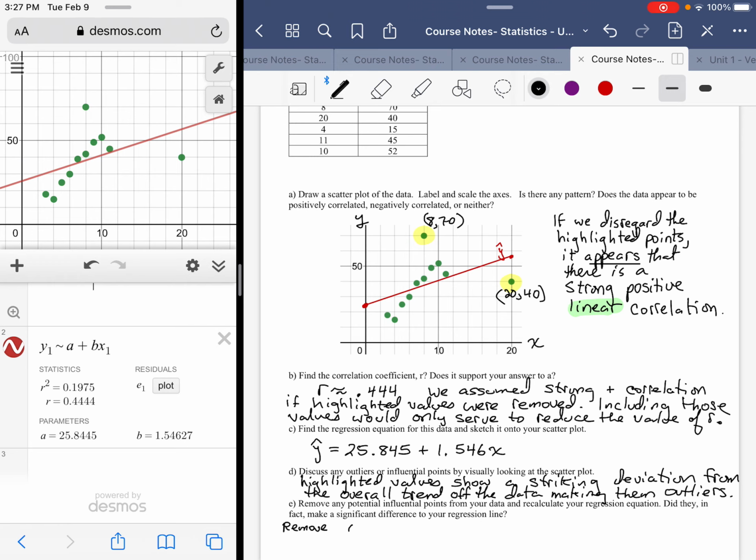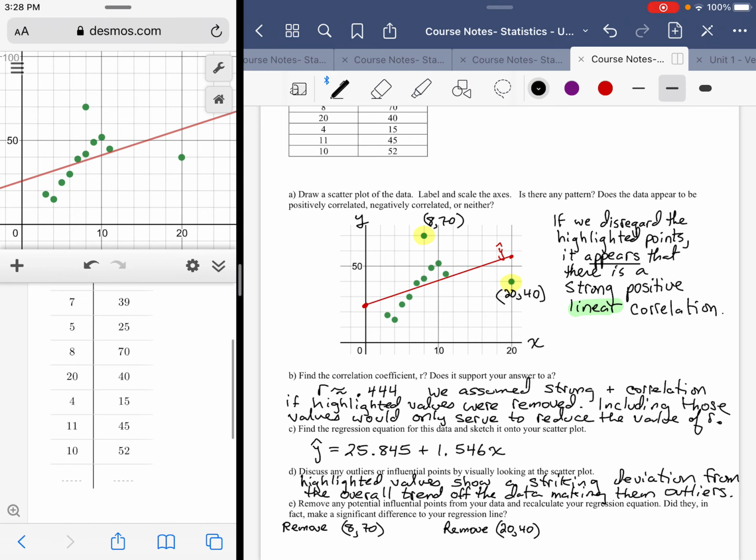Remove 870, and then over here remove 2040. Those are my two suspected values, the ones that are off the beaten path. And then all we're going to do is recompute the linear regression equation.